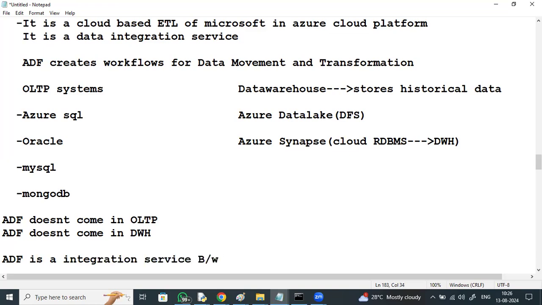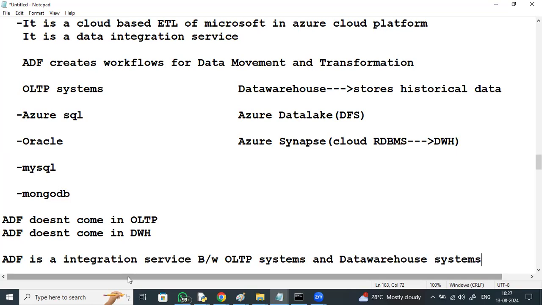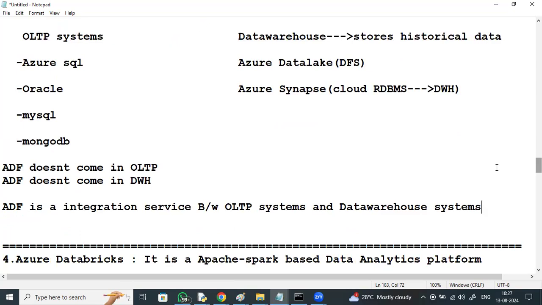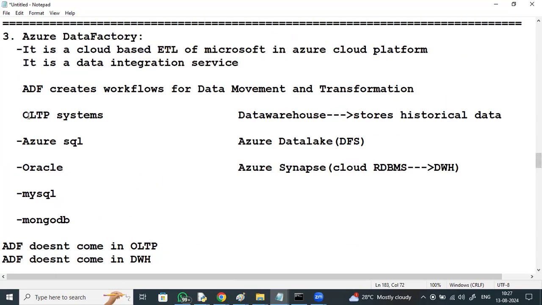It is an integration service between OLTP systems and data warehouse systems. ADF is a data integration service. For example, today I'm doing a transaction, and tomorrow it is history. All the transactions are captured at OLTP systems.